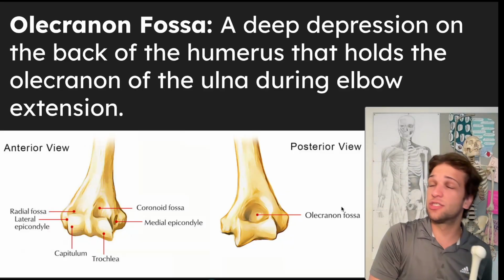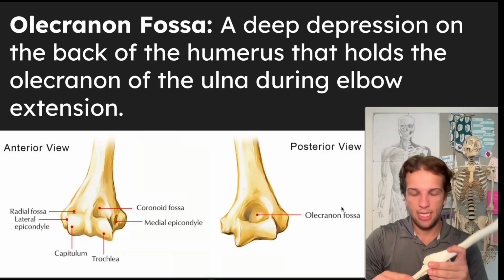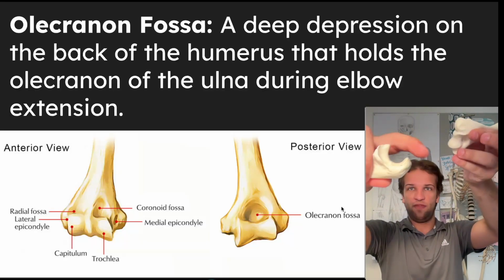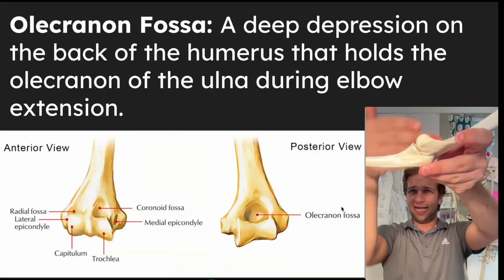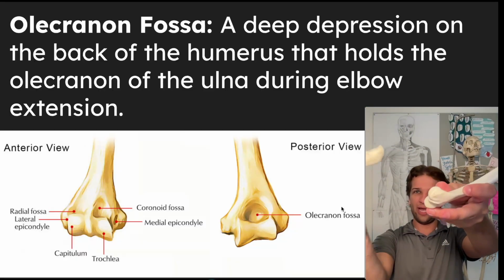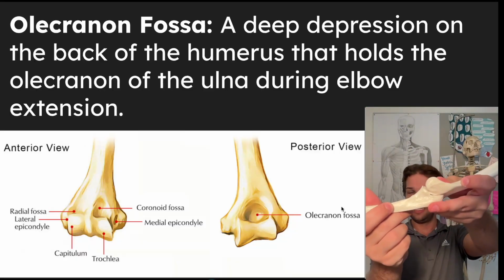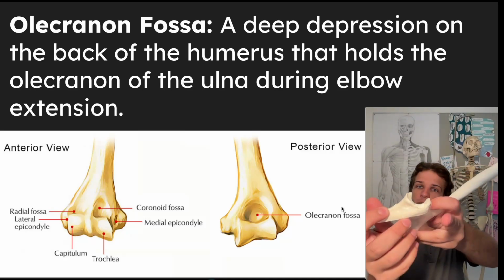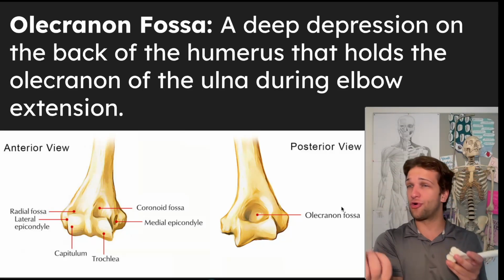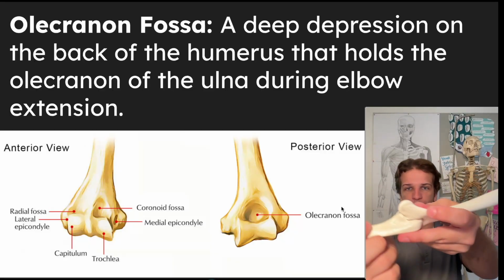So if you remember my story about my broken arm, it's actually this part of my elbow that I broke. And so when we look here, the olecranon fossa is just a divot, an indentation that allows this part of the ulna, the olecranon process, to slot into it.